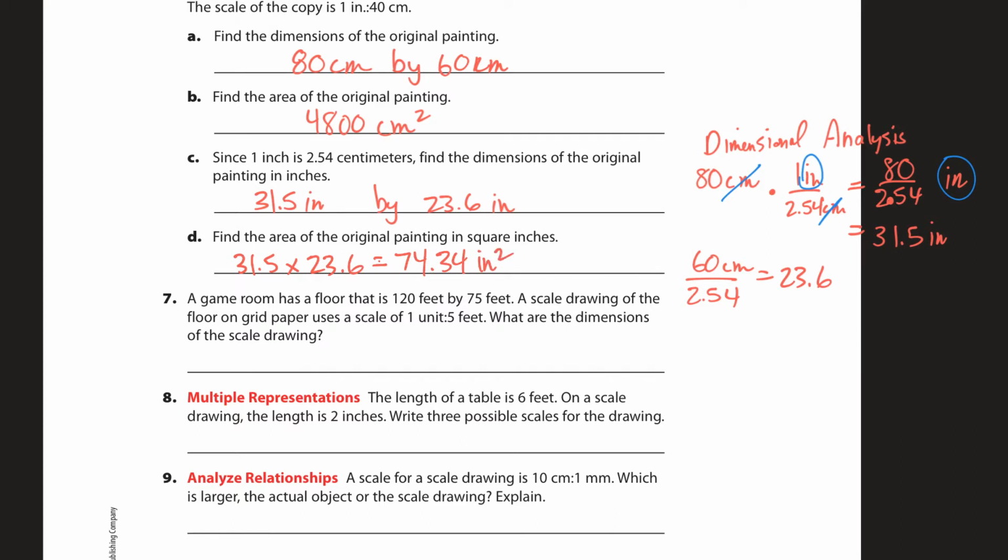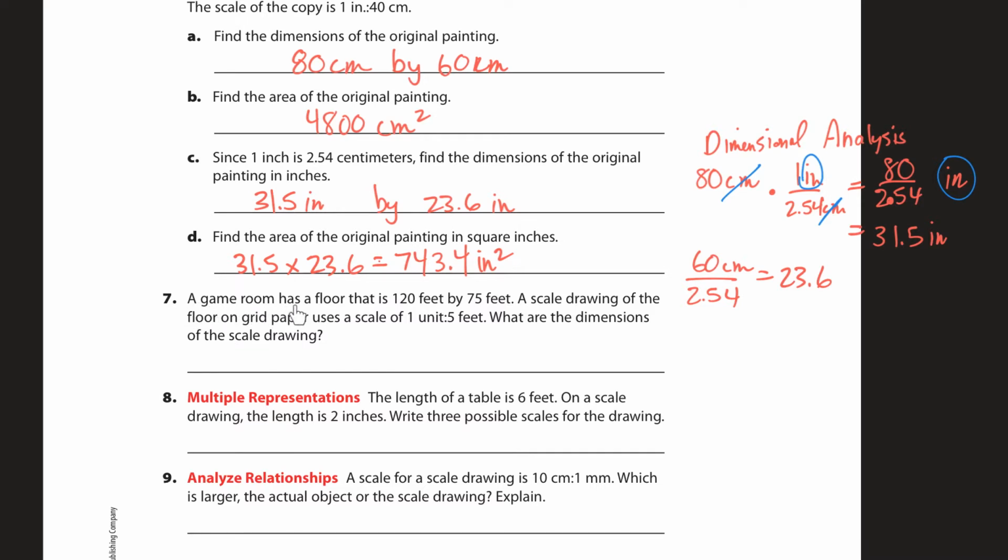Whoops, looks like my decimal's in the wrong spot. I was wondering what was going on there. So let me change that. 743.4. That's a big difference, 10 times the size. Okay, next.